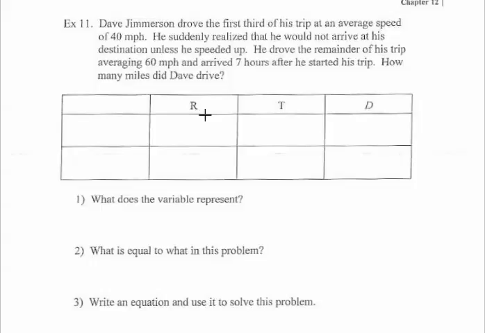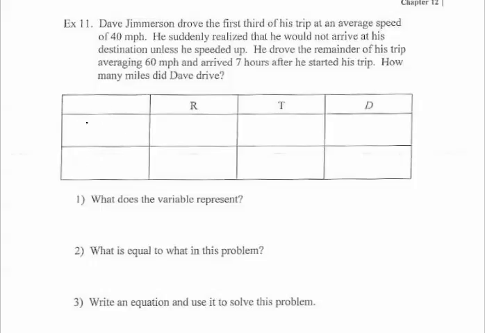So what we're going to do here, we've been given some numbers, and we don't have two different people or two different trains or anything like that. We have one guy, but his trip is broken up into two parts, so that's what's going to label our two rows.